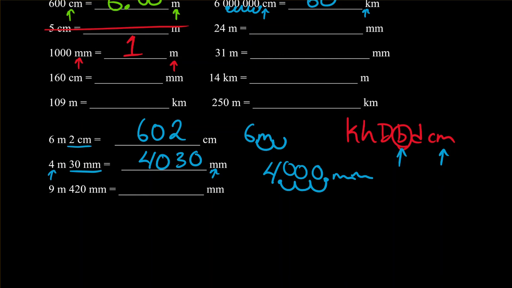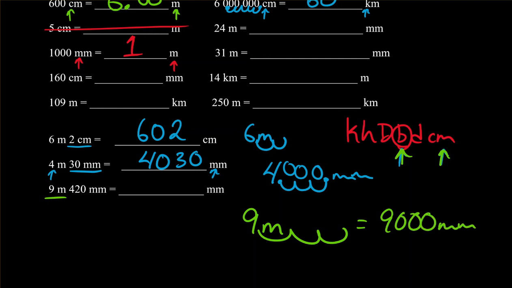Same thing here, 9 meters. I'm going to go from our base unit to millimeters. That's 3 to the right, 1, 2, 3. So that's 9,000 millimeters, but I'm adding 420 on the end. 9,420 millimeters.